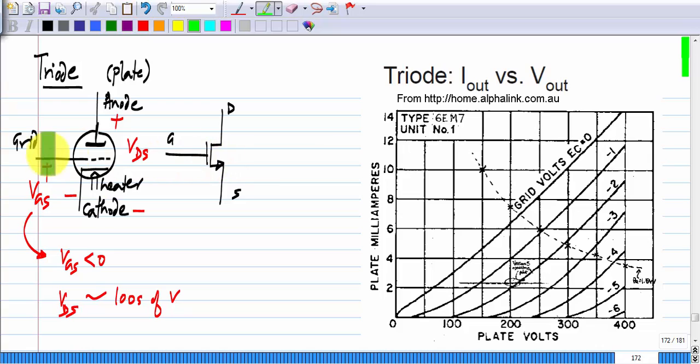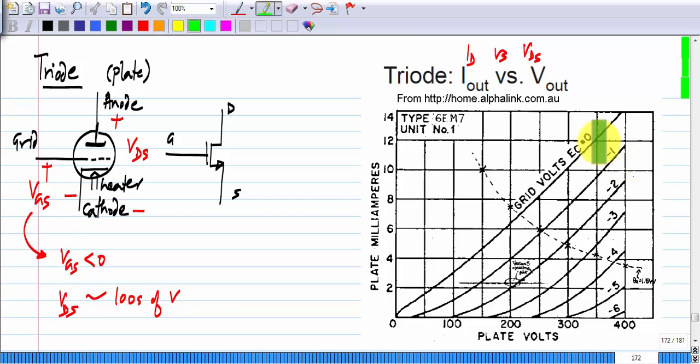Now, just like the MOS transistor, the grid current was very small, and what is shown here are the characteristics, specifically they are ID versus VDS. Okay, I have labeled them I out versus V out, basically the output characteristics of the triode, and you can think of it as ID versus VDS characteristics for different values of grid voltage or different values of VGS.